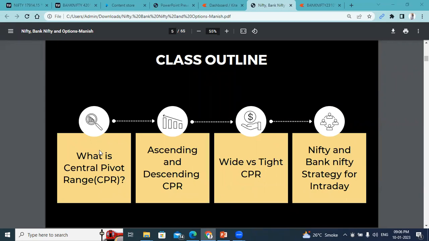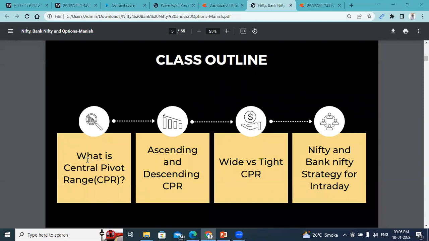इसको what I will do, I will first give you the introduction to CPR. Okay, CPR क्या होता है, इसको हम ग्राफ पे कैसे प्लॉट करते हैं, that we will see. Now as a trader, देखिए why we should use CPR, इसके दो मेजर एडवांटेजेस हैं. Okay, number one, we can predict the biasness. हम पता कर सकते हैं whether price is having a bullish bias or bearish bias.